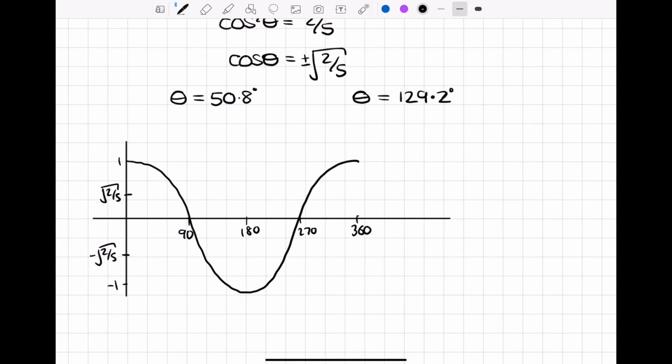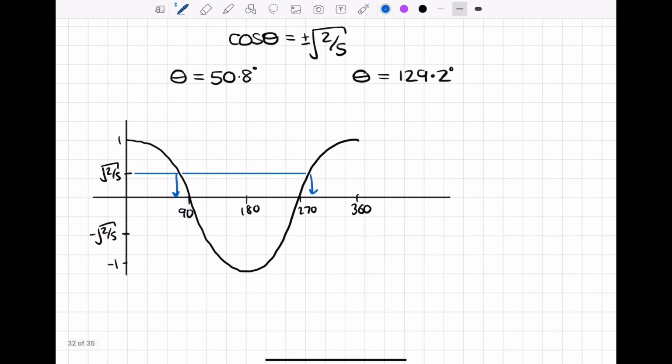So we know that we've got one nice solution already. When we go across to here, we got our value of 50.8, and this is what that corresponds to. We'll also have another solution up there. If we continue along that line, we'll have another solution just past 270 degrees.